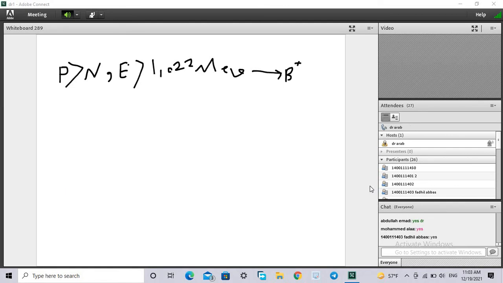Okay, but when proton number is upper than neutron number, but energy between two levels of mother and daughter is lower than 1.022, we have electron capture.